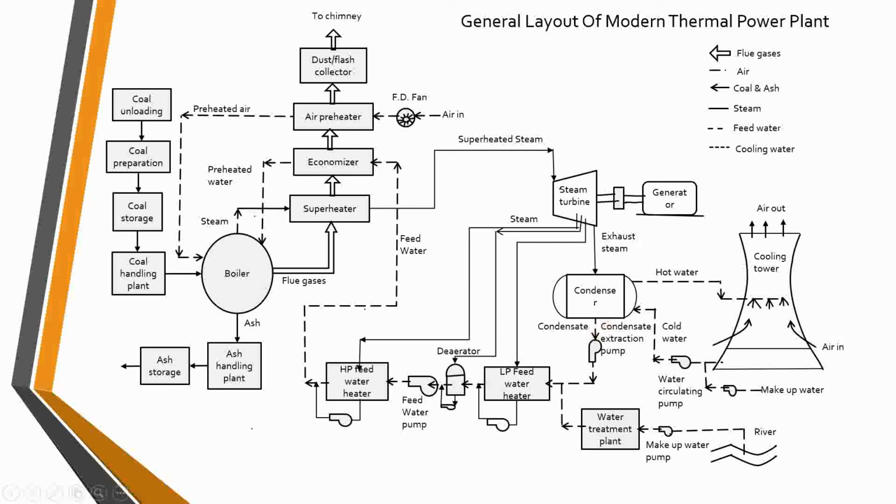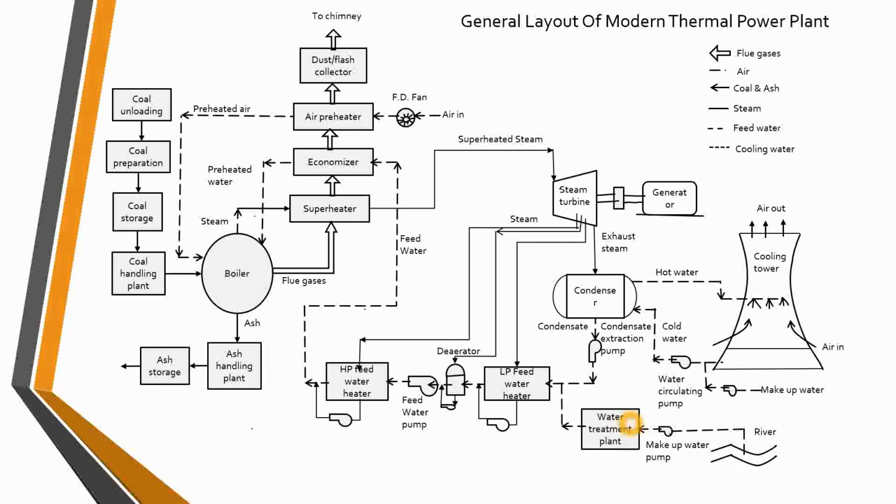Now at the end, the exhaust steam is condensate. It becomes water again, and this condensate is supplied to the LP feed water heater through the condensate extraction pump. Over here you can see that a water treatment plant is given. Why? Because in the LP, low pressure, feed water heater, we have to give some makeup water, which is an addition of water.